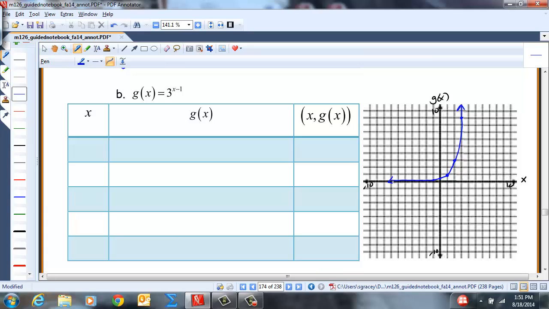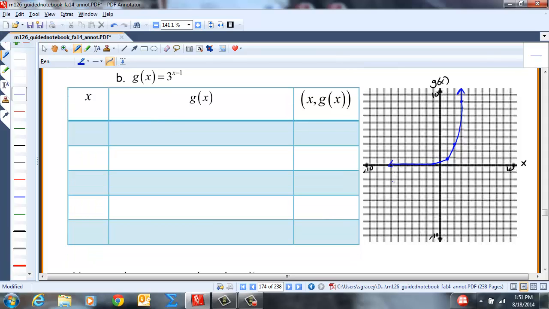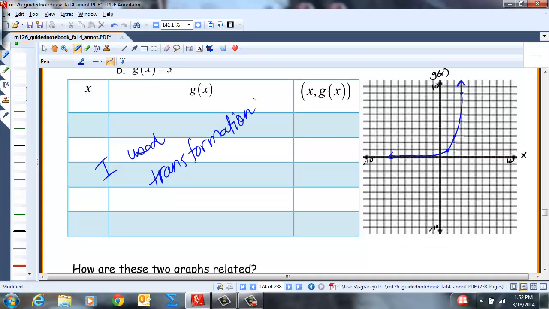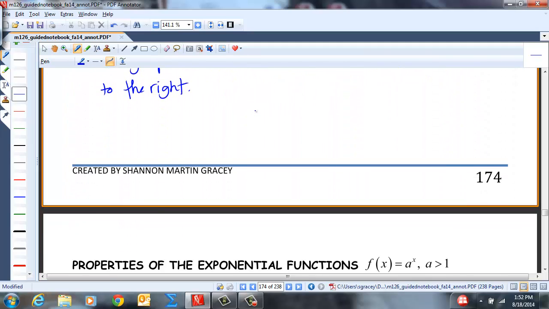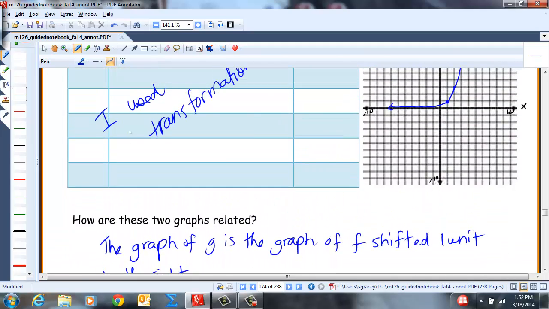And if you filled in the chart, that's fine as well. I used transformations.